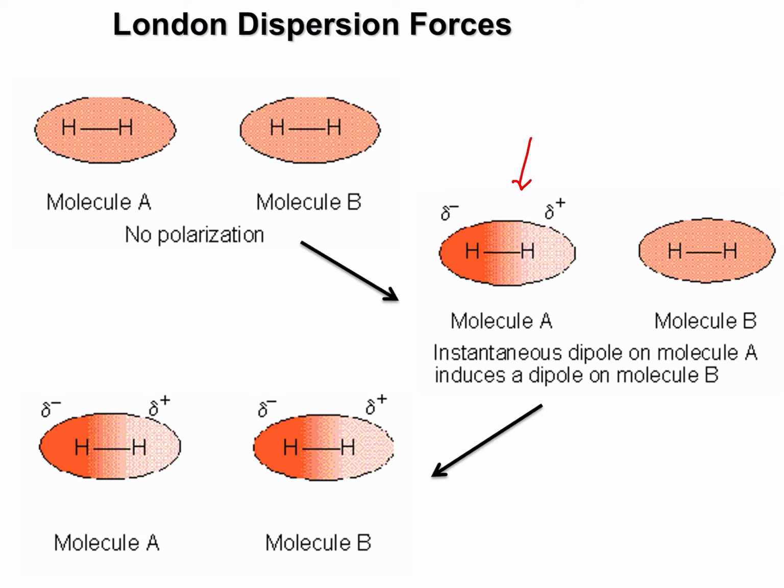And when that happens, that causes this side to be partial negative, this side to be partial positive, and when the right side is partial positive, the electrons in molecule B are like, hey, we're attracted to the partial positive, let's hang out on the left side of the molecule. And so then we get an induced dipole on molecule B, and now it can experience London dispersion forces between that partial positive and partial negative.